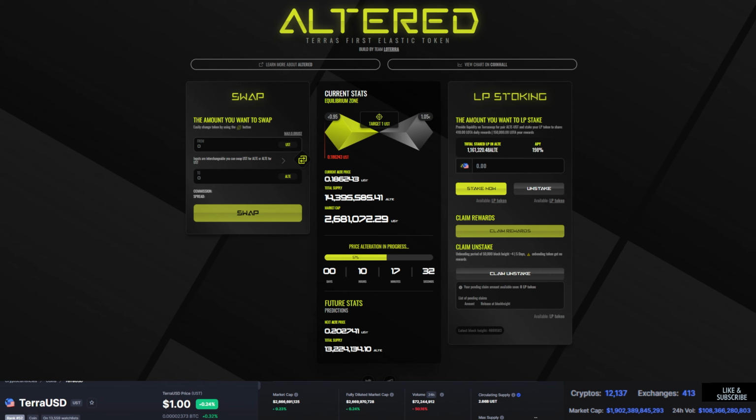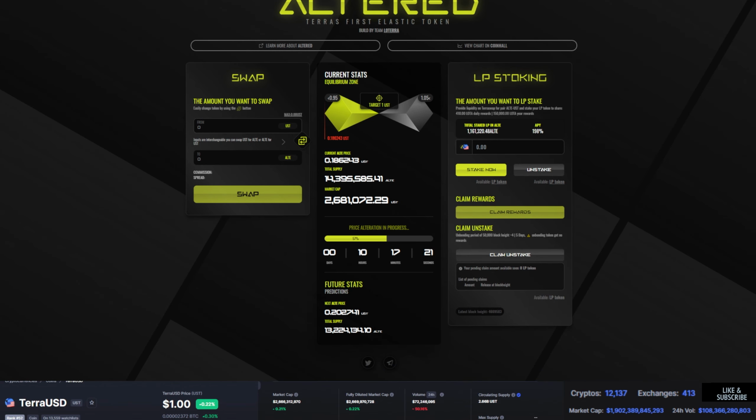The current market cap is 2.6 million UST, a total supply of 14.4 million alti, and then you can see their price alteration, which you can tell, hey, it's 57% done, and in 10 hours this alteration will occur. The next prediction is it wants to be at 20 cents with a total supply of 13.2 million. So you can see it's reducing it by 1.1 million alti tokens.